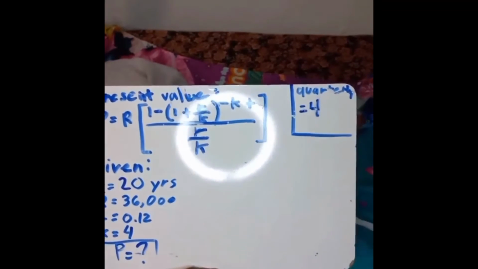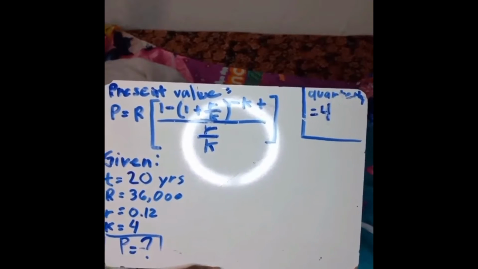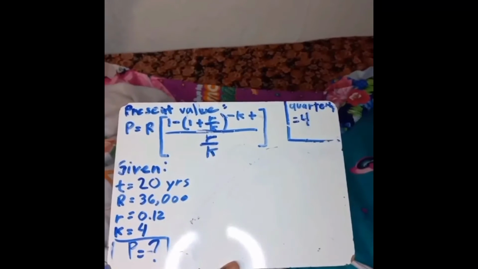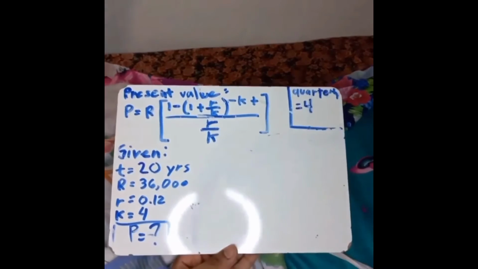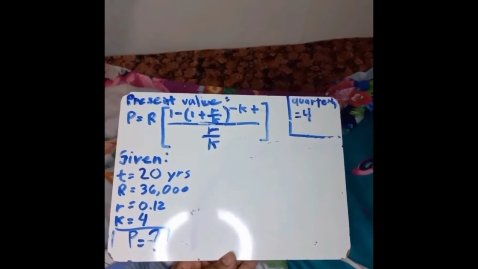And ito po yung gagamitin nating formula. So ngayon po alam na natin lahat ng nasa given, and the formula we need to use, we have this one, present value. We are now ready to substitute our given.